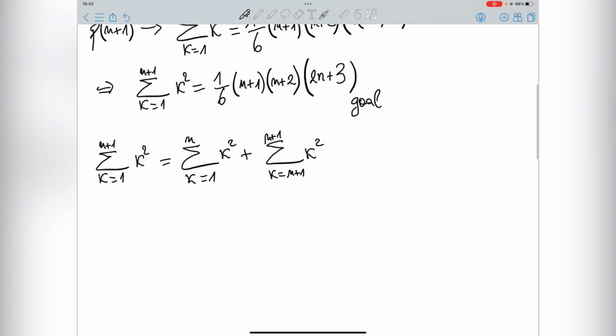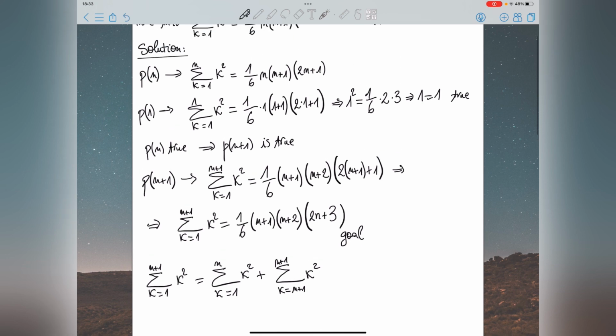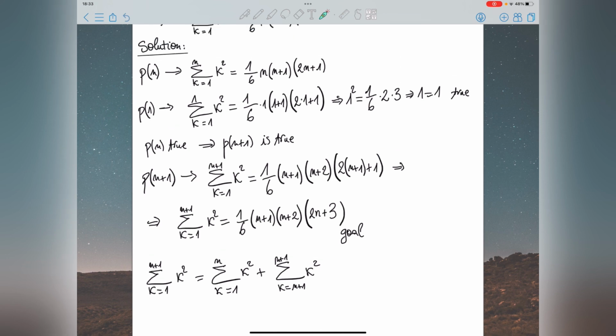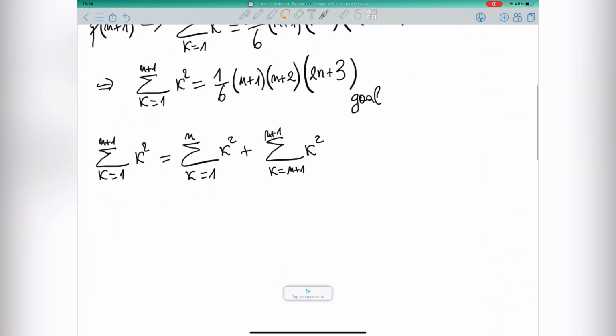Now if we go back to our P of n, we assume that P of n is true, right? And P of n is basically equal to this. You can notice that this is equal to the left hand side of this equality, so we can just substitute this into here. So let's copy this, and we're going to substitute it here.